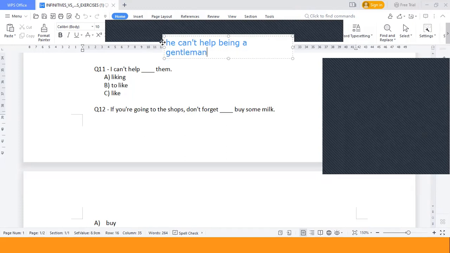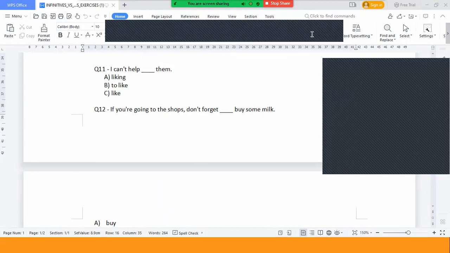It used to be, I don't know now, with feminism, but in the past, he can't help being a gentleman. No puede evitar ser un caballero. It was at least a very usual sentence. Do you understand it? Okay. Let's go on.